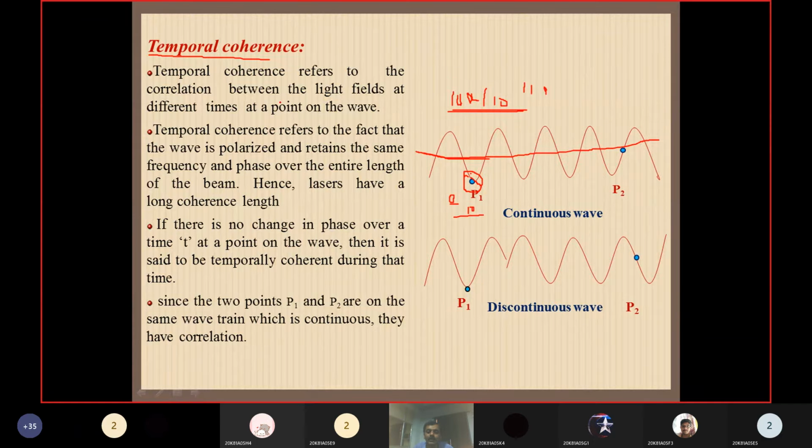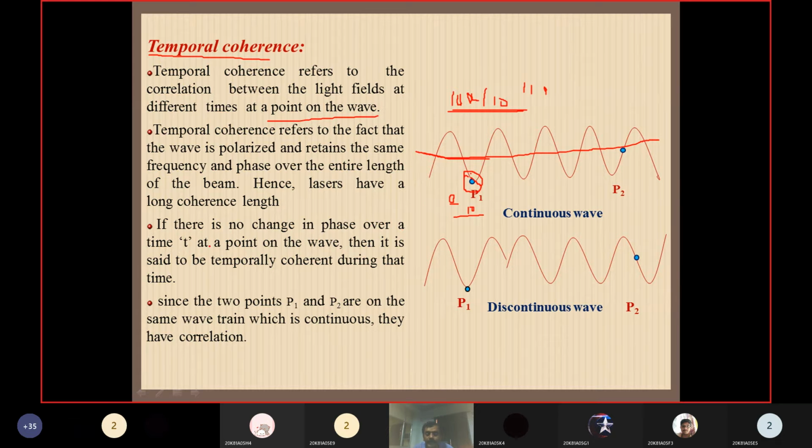So the temporal coherence refers to the correlation between the light fields at different times, now and after 10 seconds, at a point. There is no change in phase over a time t.